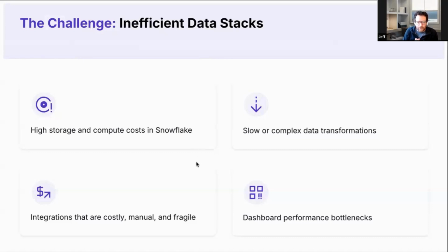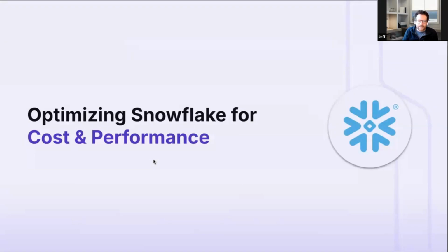This is what I would call the low-hanging fruit, and the low-hanging fruit is actually really exciting because that's where you can save the most money. Once we dive into the Snowflake section, we can get into the details. But just as an introduction, that high level stuff that I'm seeing is not knowing where to begin and not optimizing your warehouses.